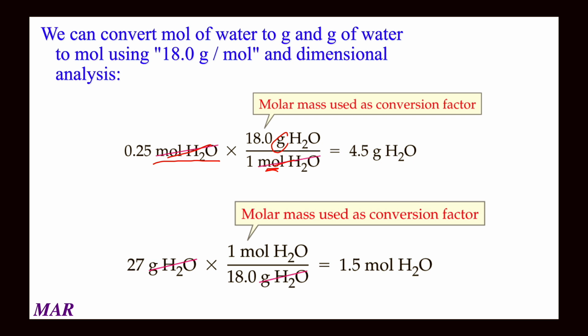So in this case, 27 grams to moles, you'd have grams on the bottom, canceling grams on the top. Moles is the only thing left. 27 divided by 18.0 to 2 sig figs, 1.5 moles. So again, remember conversion factors, you can flip back and forth like 4 quarters per dollar or $1 per 4 quarters. And this is the same thing with molar mass, which is a really neat kind of concept.